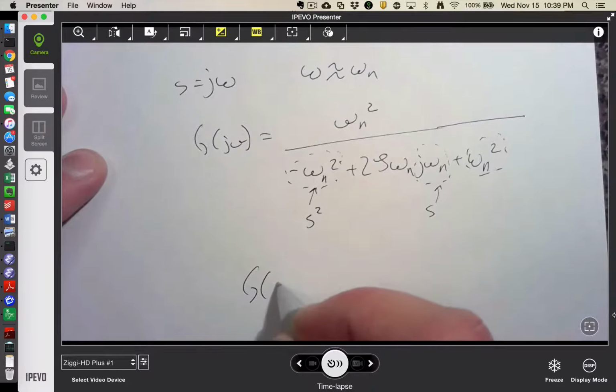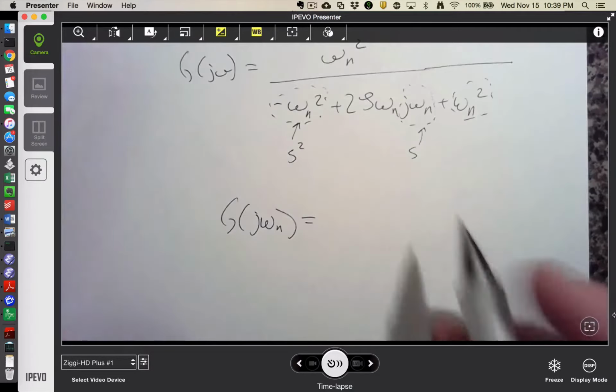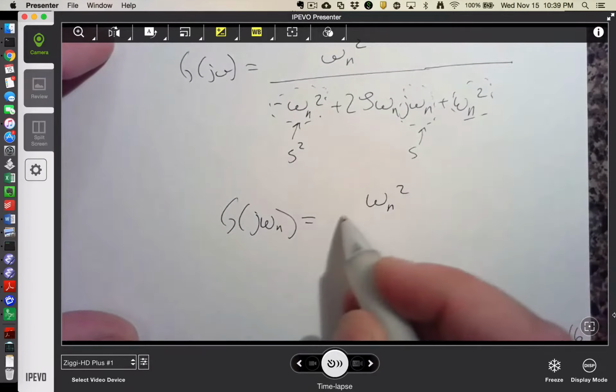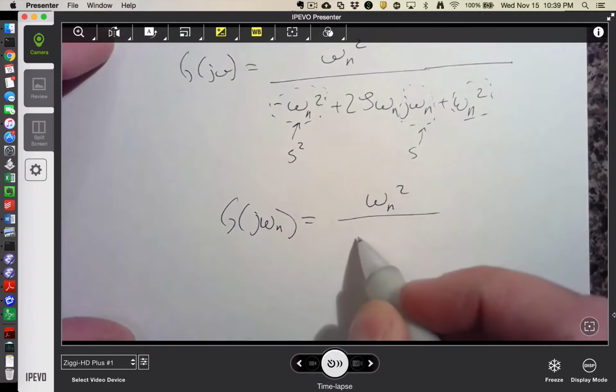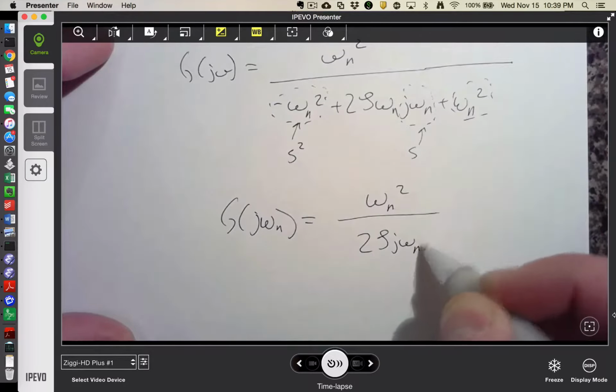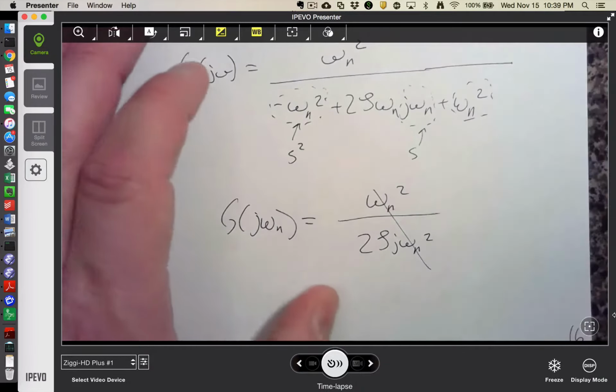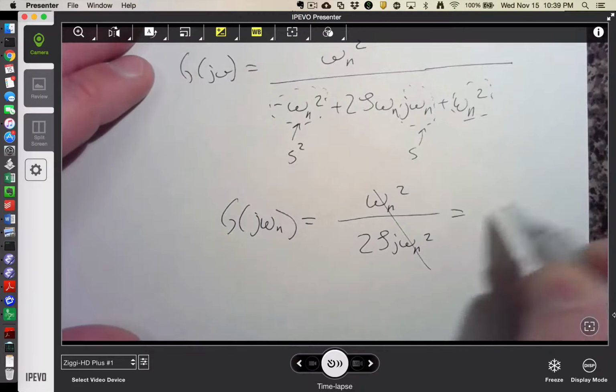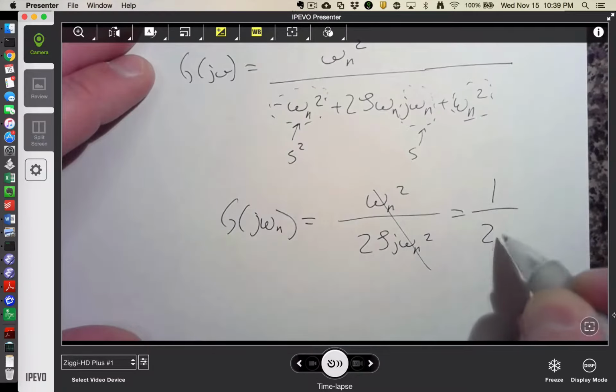And so G of j omega n, I'll call it, would have an omega n squared in the numerator, and then the denominator would be a 2 zeta j omega n squared. Well, I can cancel omega n squared out of both the numerator and the denominator, and I'm left with 1 over 2 zeta j.